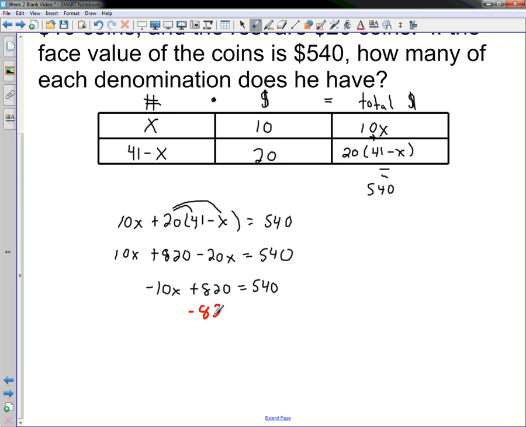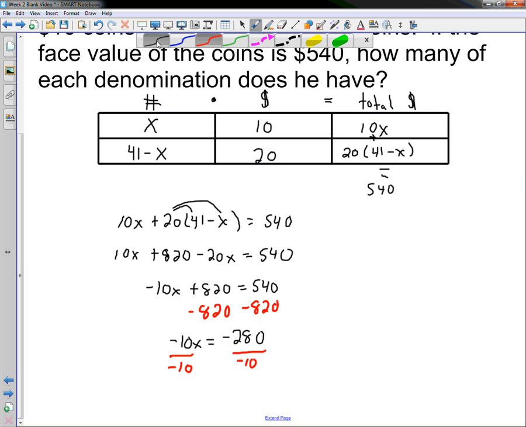Subtract the 820. And that gives me negative 10x equals negative 280. And divide by negative 10. And we have x equals 28.